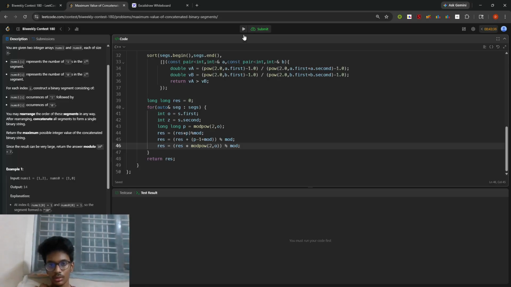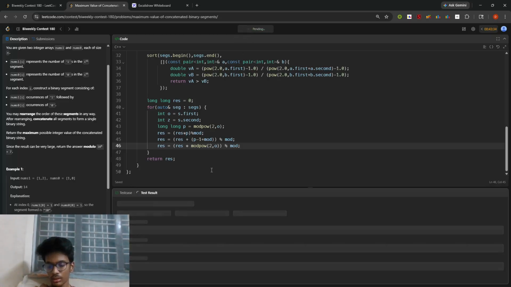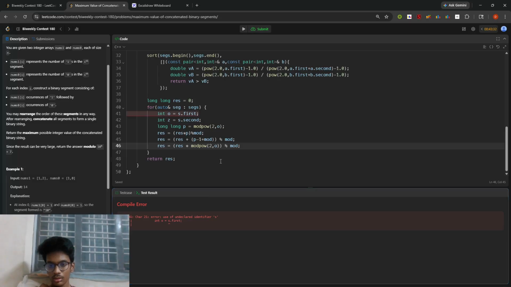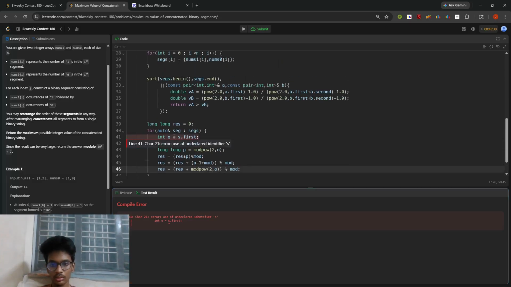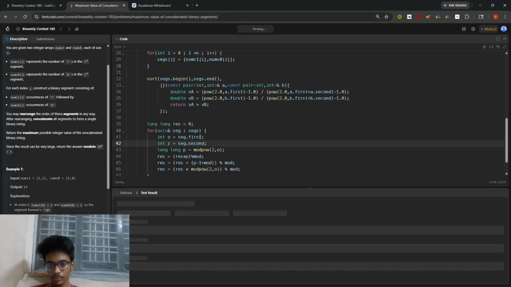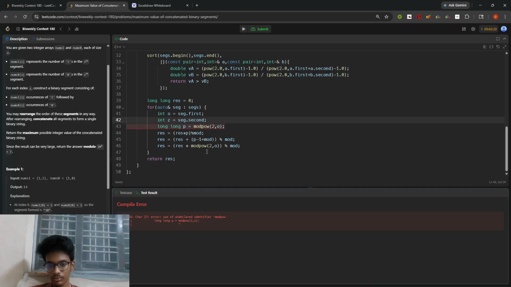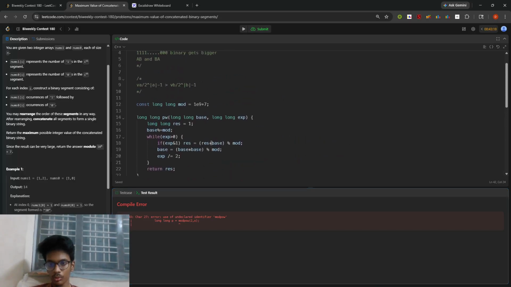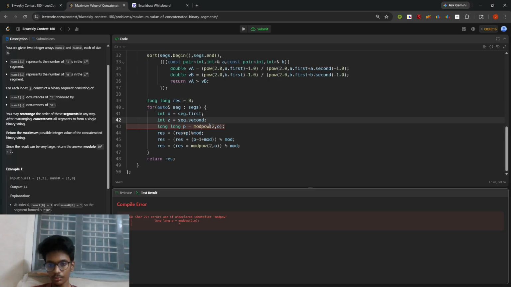Done. Looks good. Let's try to run this. S was not declared. This isn't S, it's segment. Mod, what was the function name? PW.